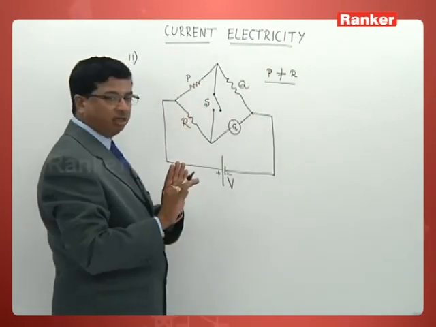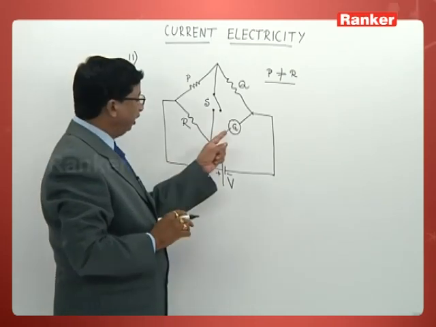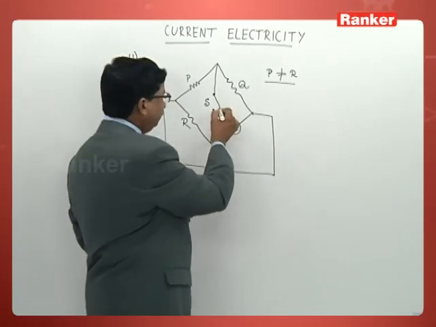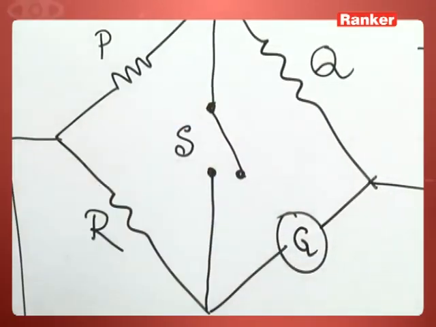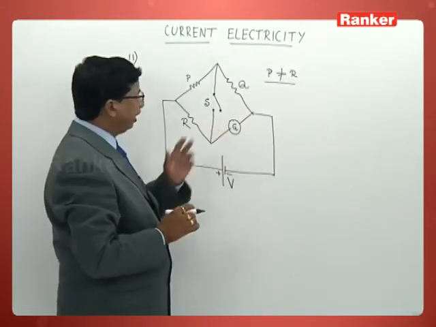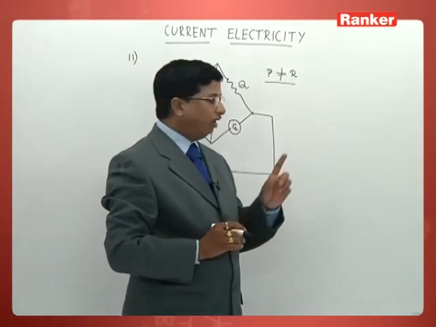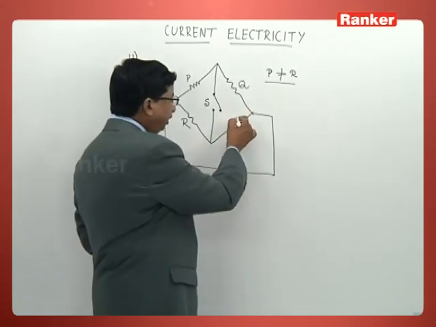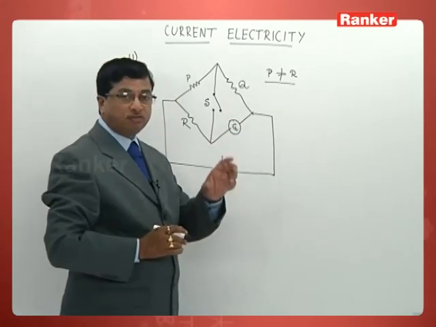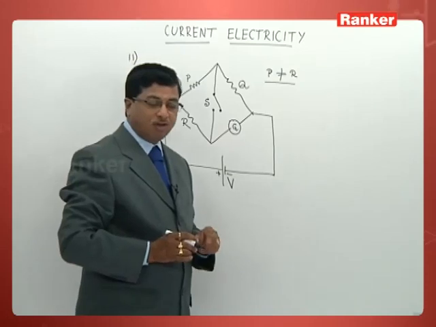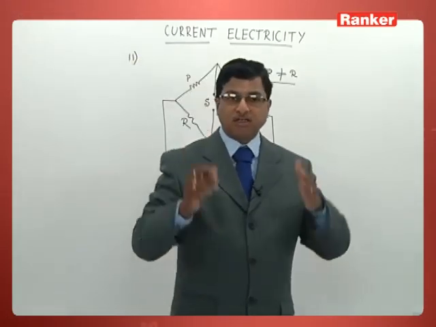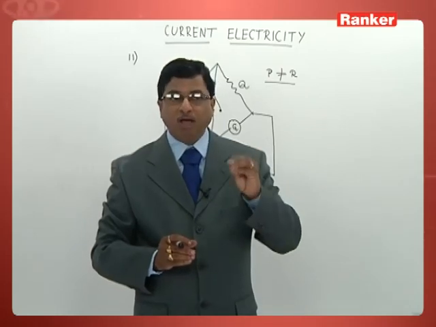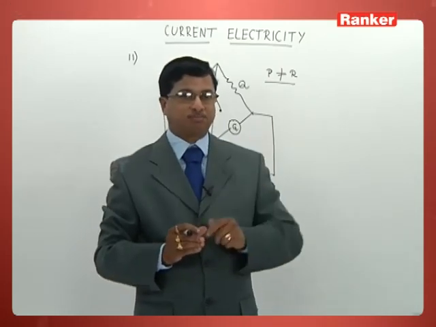Fine. The reading of the galvanometer is the same, whether the switch is open or closed. So one should directly understand that when the switch is open or closed, the reading of the galvanometer is the same. That means this particular construction is a well balanced Wheatstone bridge.